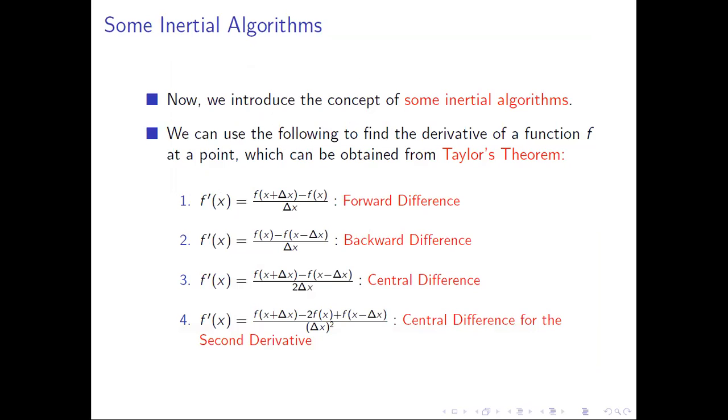Some inertial algorithms. Now we introduce the concept of inertial algorithms. We have the derivative of a function by using Taylor's theorem: forward difference, backward difference, and central difference for the second derivatives.